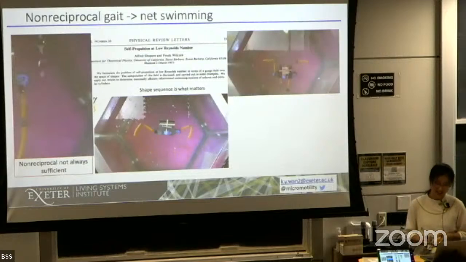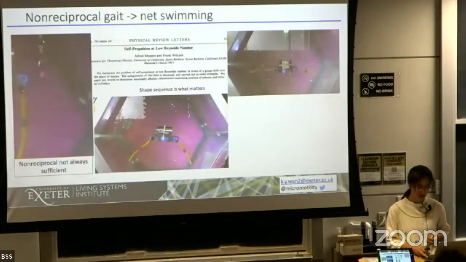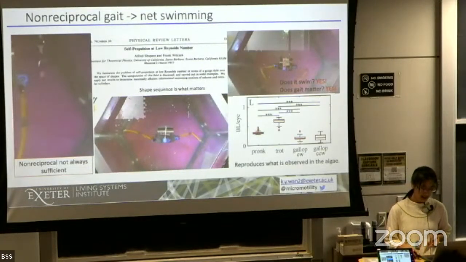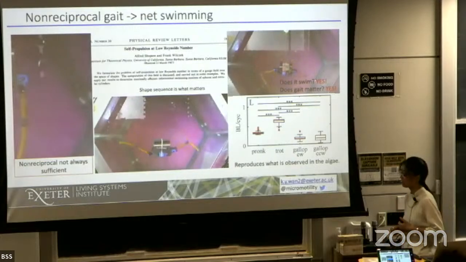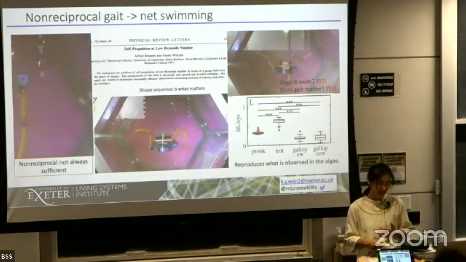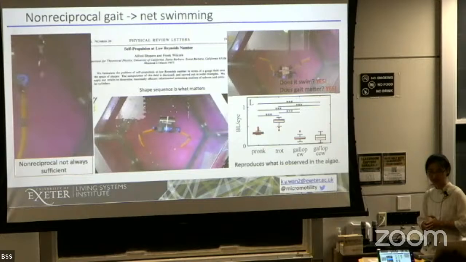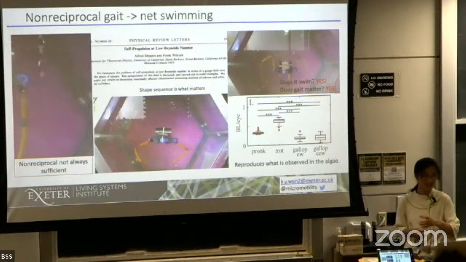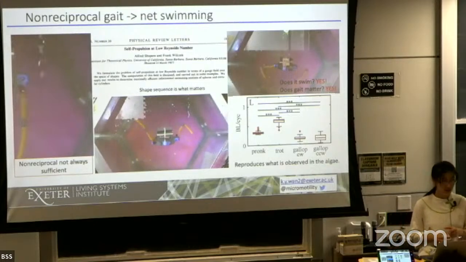You can appreciate that you can start to make the same measurements that we did for the real biological microswimmers, and again measure or quantify the effectiveness of this gait as a function of a characteristic beat cycle. So how many body lengths does this macroscopic robot move per cycle?